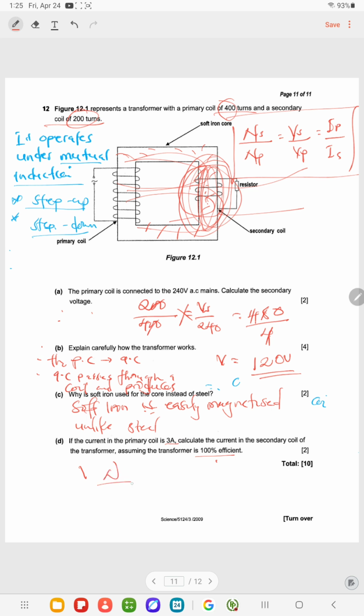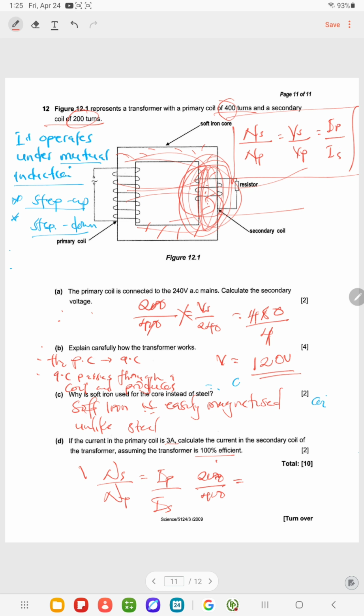So from this, to find the current in the secondary, we can say number of turns secondary over primary is equal to current primary over current secondary. So here we can get the same values. 200 over 400 is equal to, then what do we have?